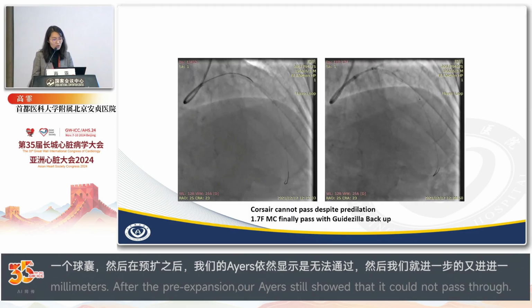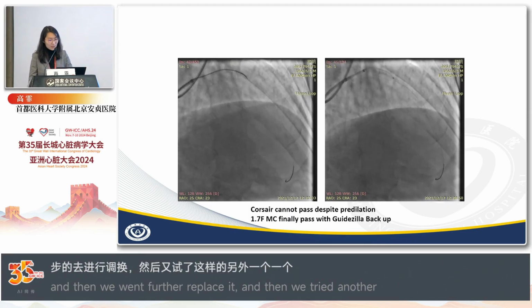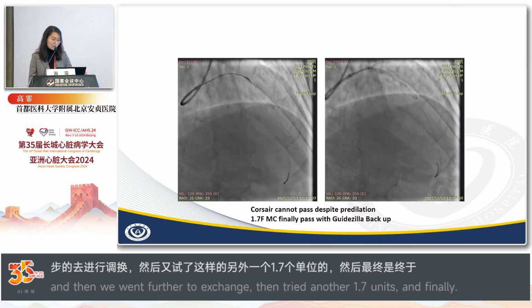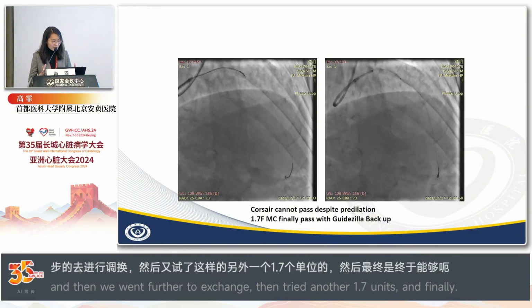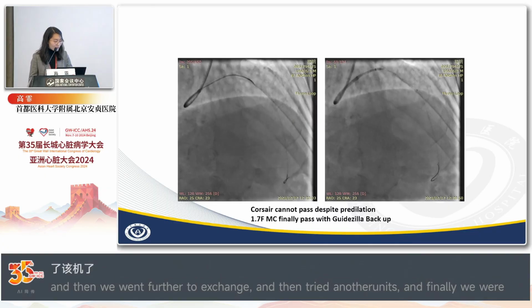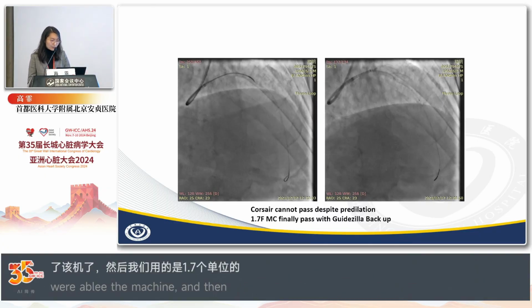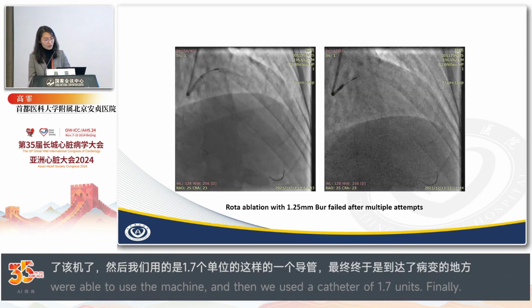So we wanted to increase the backup support of the system, so we used Godzilla to provide stronger backup. With the Godzilla, the 1.7 French microcatheter could finally cross the lesion to the distal, so we could start the rotablation procedure.